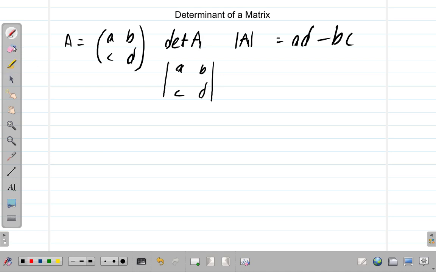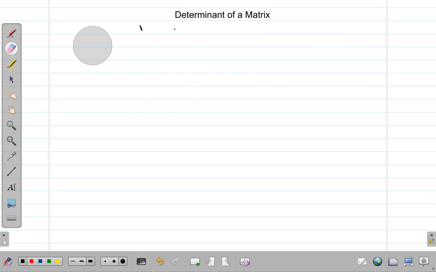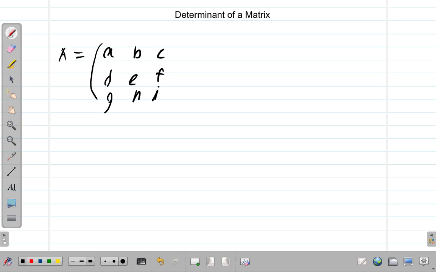Alright, let's look now at a 3 by 3 matrix, the determinant of a 3 by 3 matrix. Now, if you have a matrix A and it contains the elements a, b, c, d, e, f, g, h, i. So remember, lowercase for the elements, uppercase for the name.